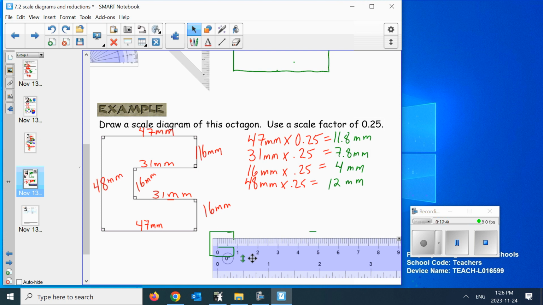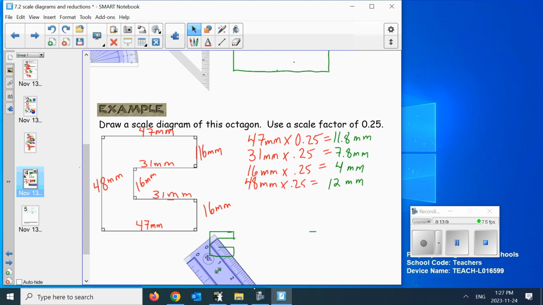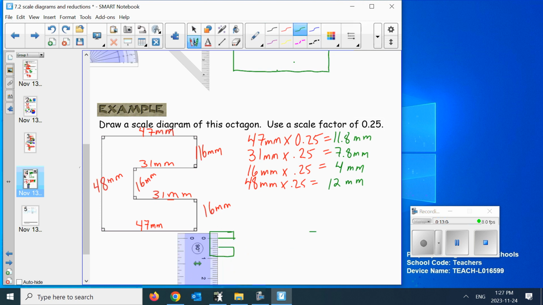It's really hard for me to get this perfectly lined up. Easier with a real ruler. There's my scale diagram. Mine is not very good.